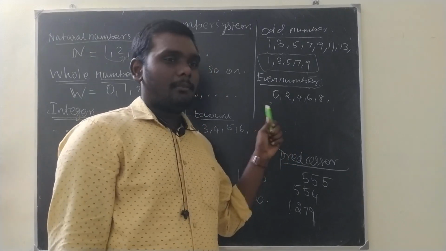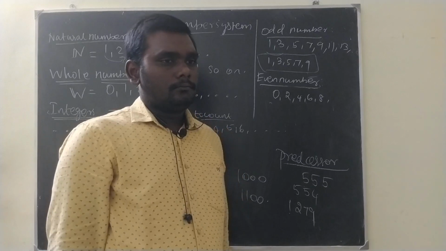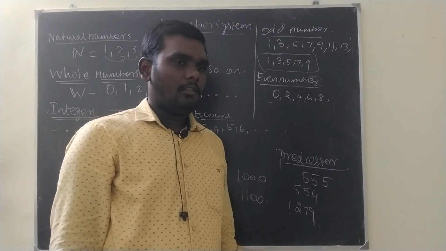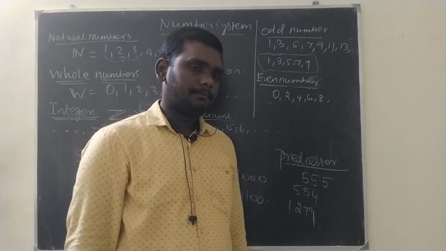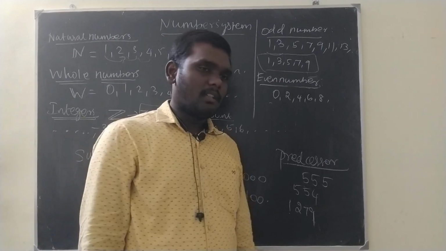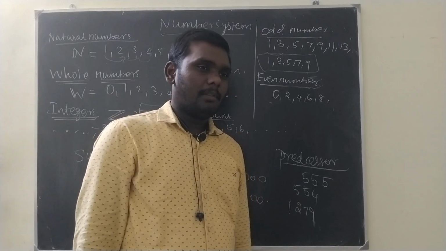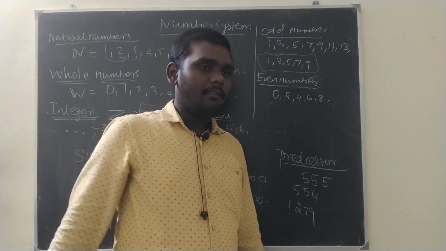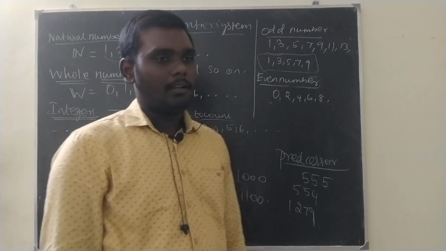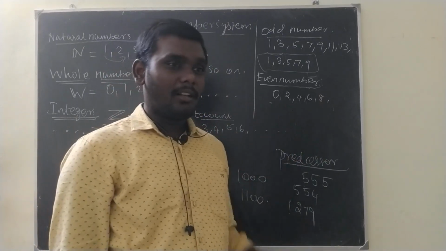Whether 0 is an even number or not, that is my question. 0 is odd number or even number? The numbers which are exactly divisible by 2 are called even numbers. Whether 2 can divide 0 or not.